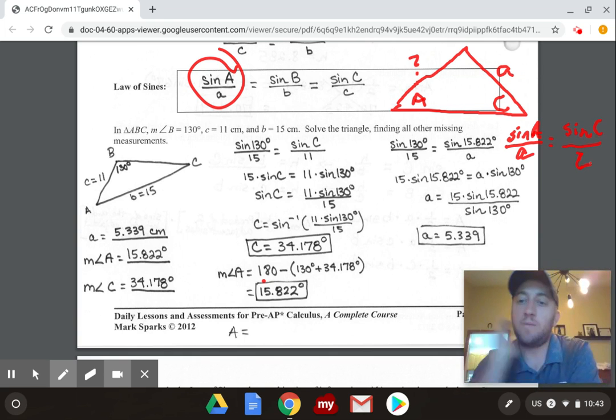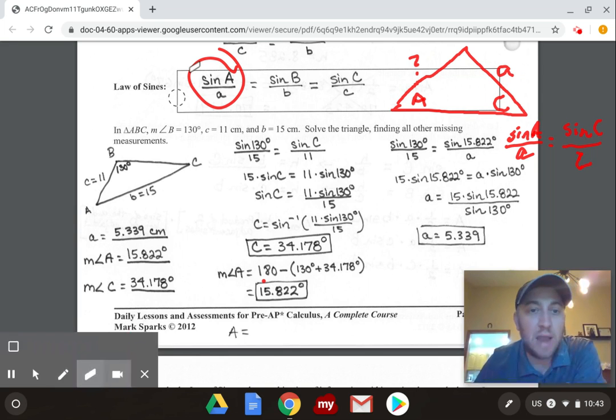And at that point, if I'm solving a triangle, if you know two angles of a triangle, you can find the third by just subtracting the two angles that you know from 180, and then you know the third, and then you can go from there to find out the last side. But that law of sines that's written up there, I can basically separate that out however I want to.